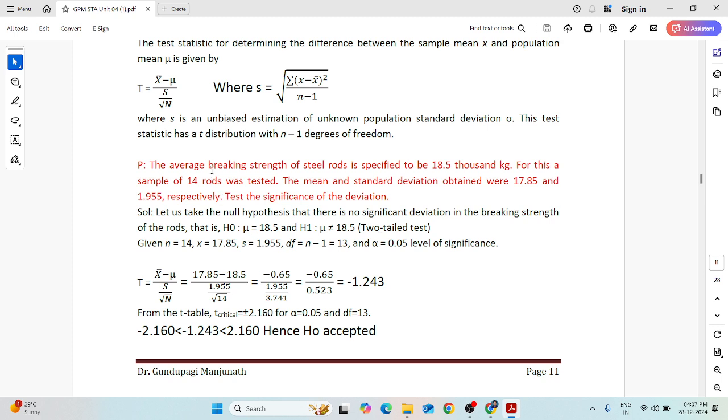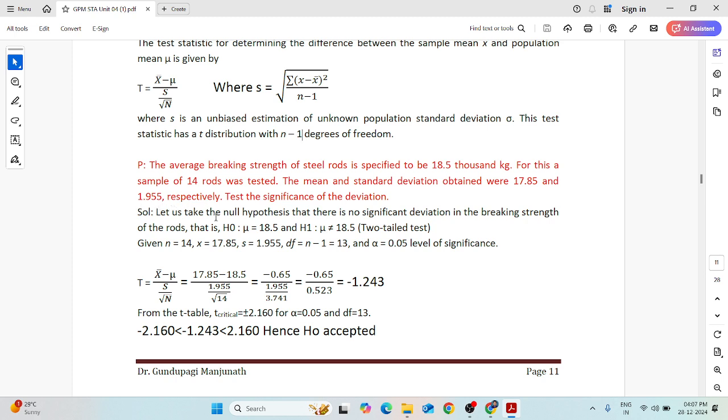Here there is a sample problem. The average breaking strength of a steel rod is specified to be 18.5 thousand kg. For this, a sample of 14 rods were tested. The mean and standard deviation obtained were 17.85 and 1.95 respectively.